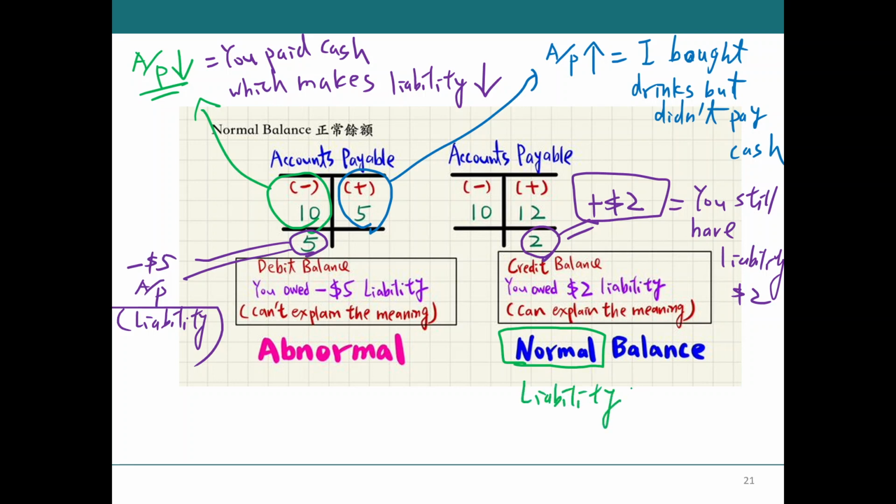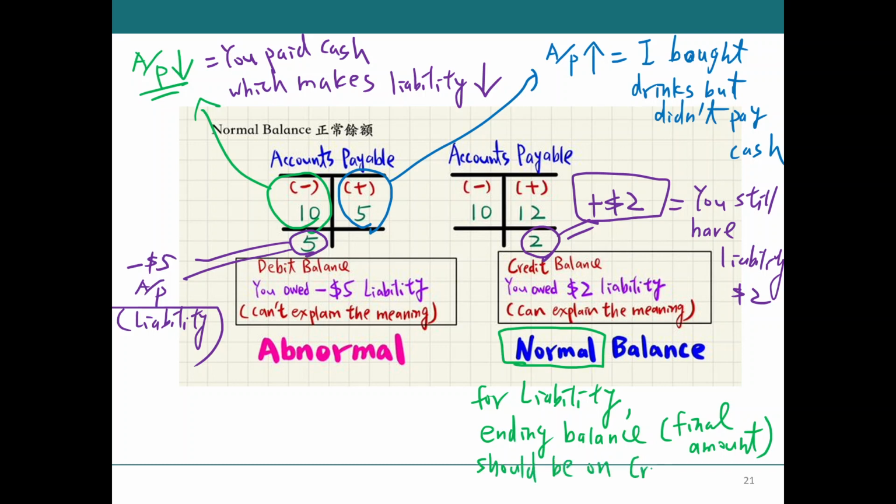For liability, your ending balance, final amount, should be on your credit side.